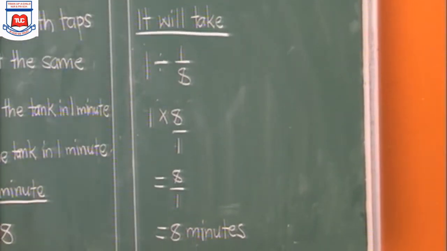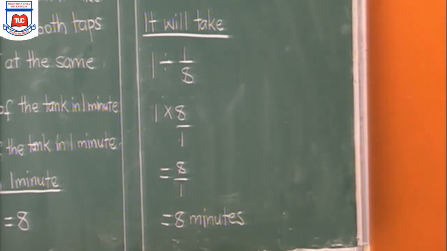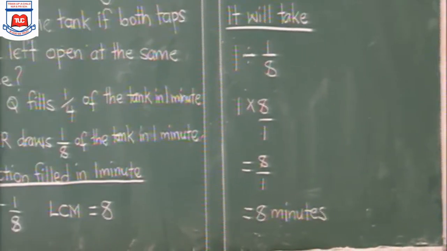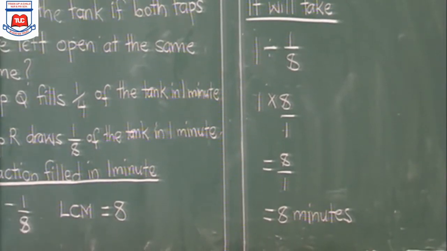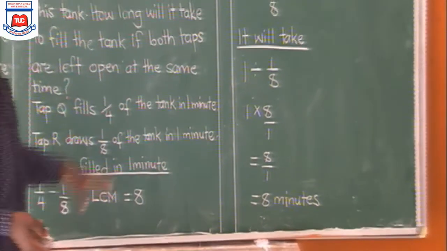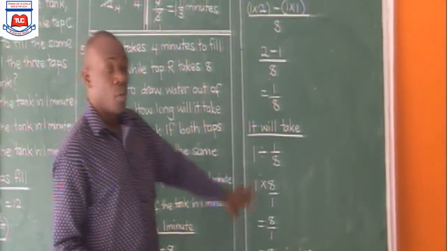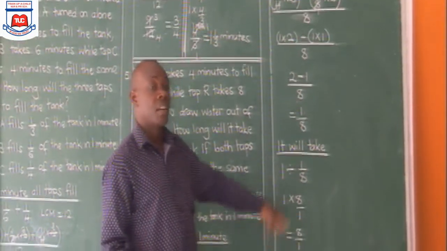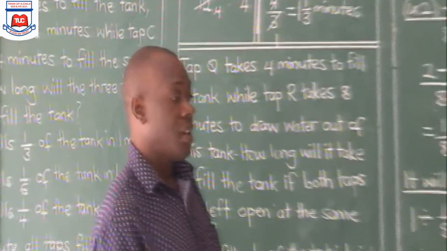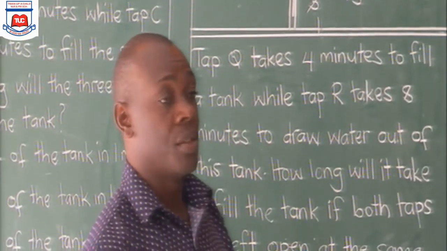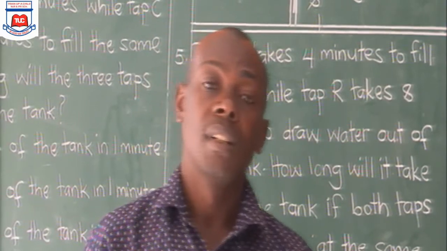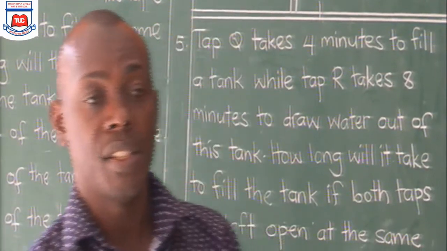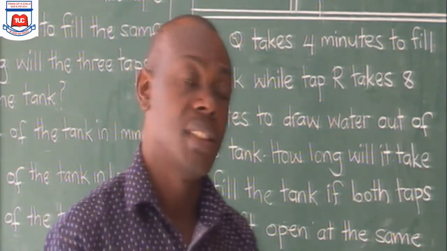So much as one is emptying, the other one is filling more water per minute. That's why at the end of the day, the tank will get filled. But it will take more time to get filled, for one is emptying, it's disturbing the other one that's filling. So we have come to the end of this lesson.